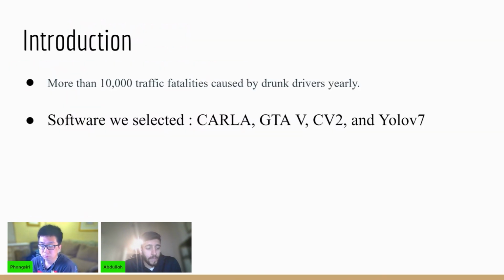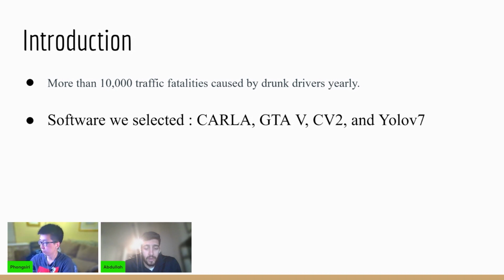As we know, there are a lot of fatalities that happen because of drunk driving. A study shows that actually 10,000 traffic fatalities are caused by drunken driving every year.